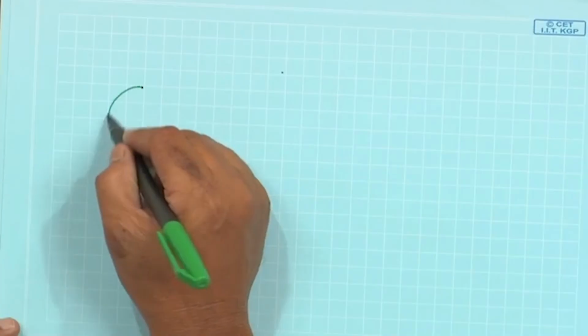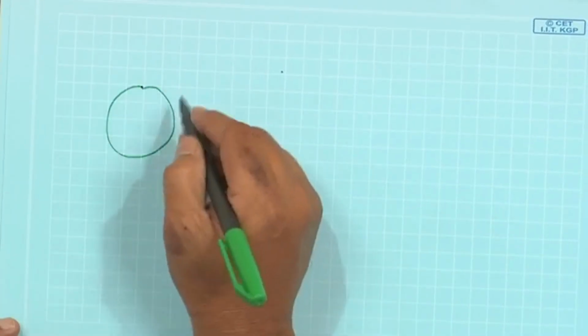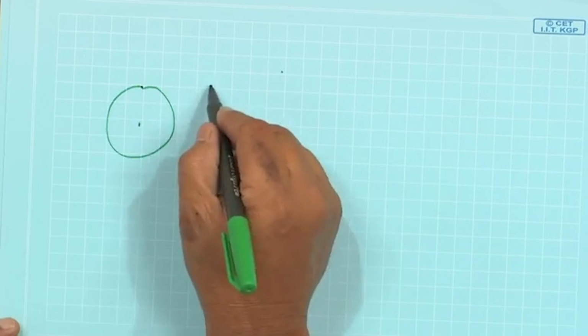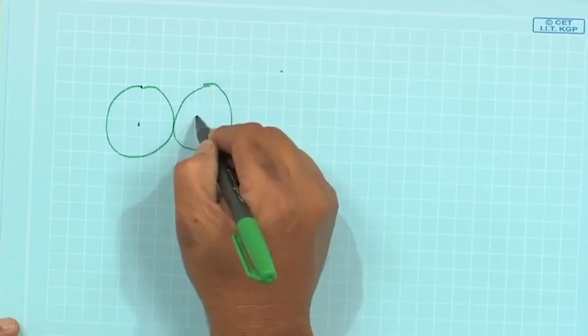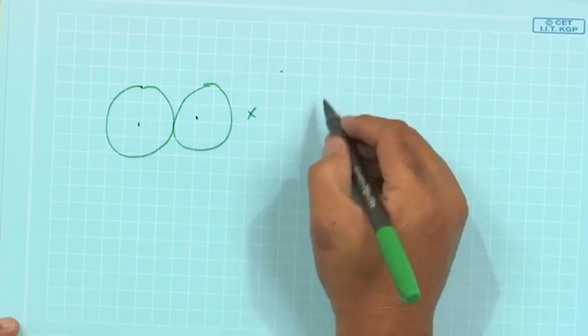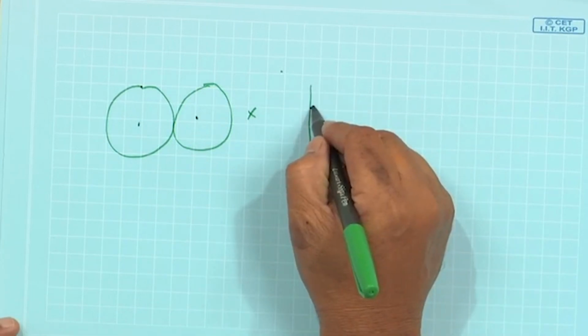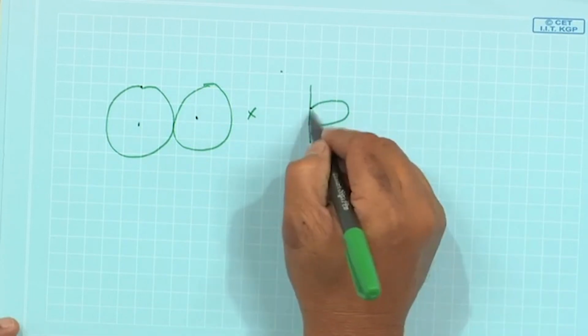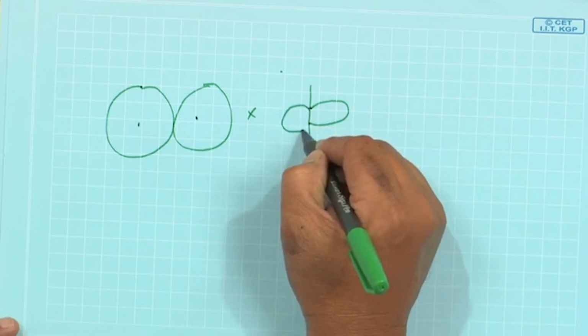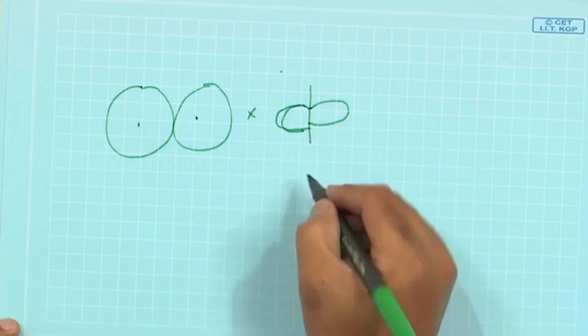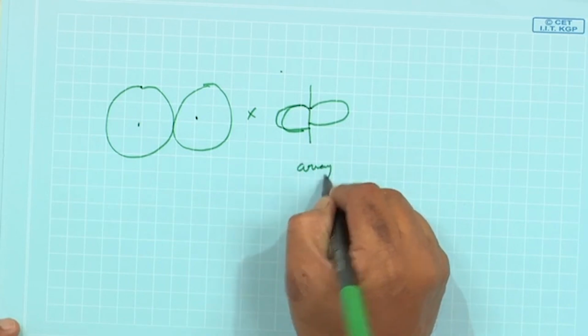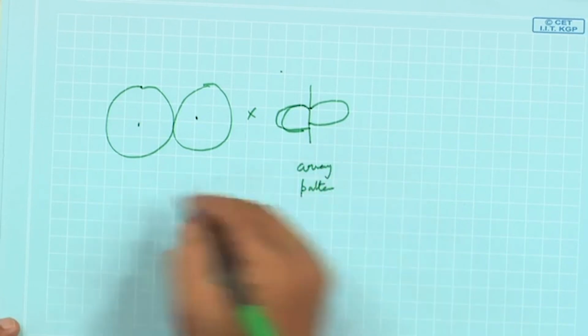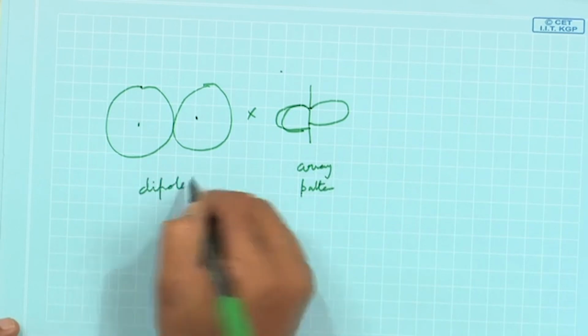So, here you can say that suppose this is the array pattern, this is not very narrow, and this is the dipole pattern.